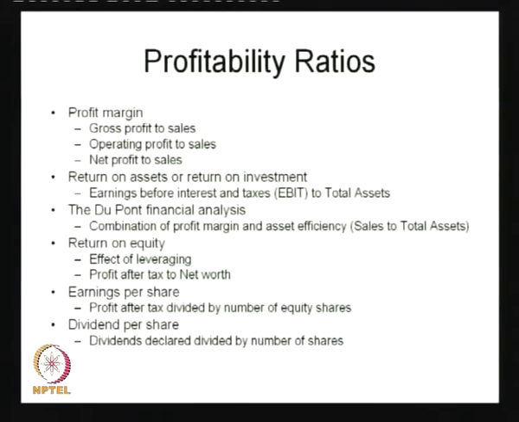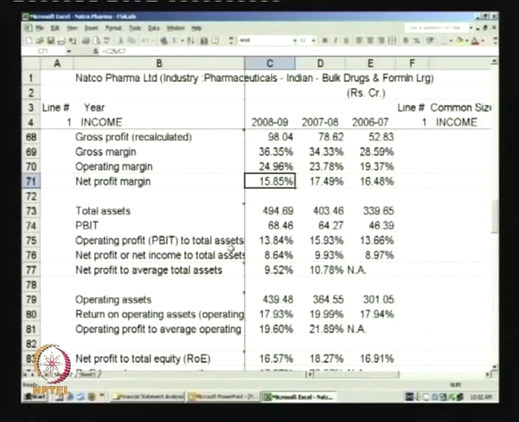So, if we go back to our example, we have the profit before interest and tax for this particular company as 68.46, which was actually 64.27, and earlier 46.39. This profit before interest and tax can also be called operating profit.